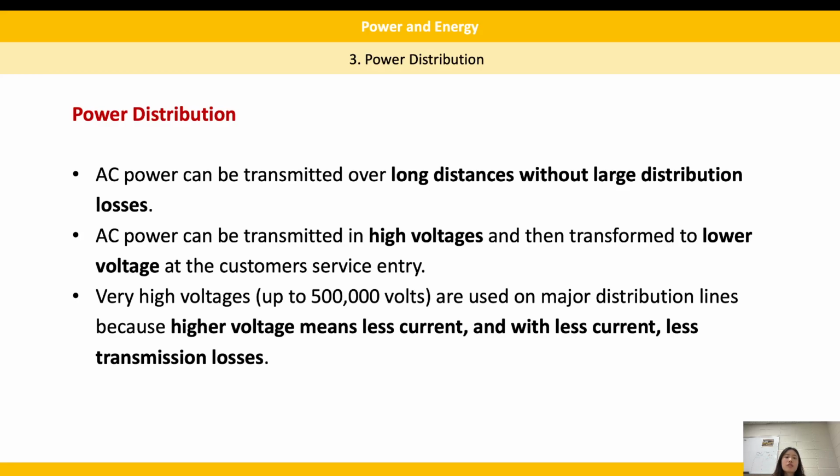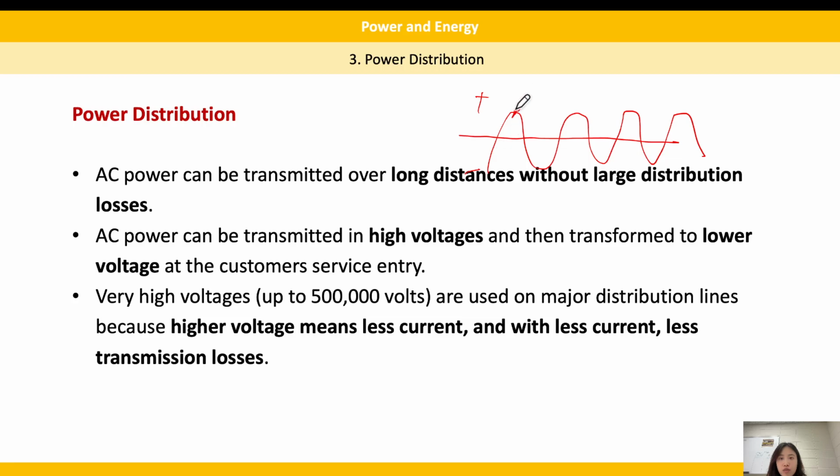Power distribution. So why do we need AC power? AC power can be transmitted over long distances without large distribution losses. And AC power can be transmitted at high voltage and then transformed to lower voltage at the customer service entry. Do you remember? Again, alternating, the voltage changes with time.